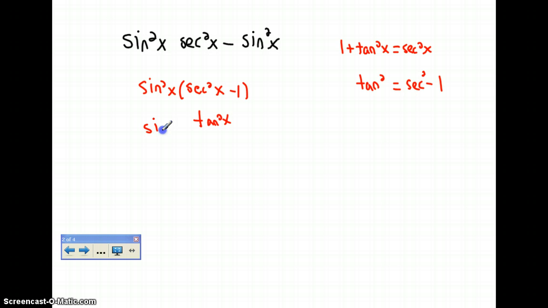So I have sine squared x times tan squared x. Well, tan squared is the same thing as sine squared over cosine squared. So it looks like the only thing I can really do is say that it's sine to the 4th x over cosine squared.